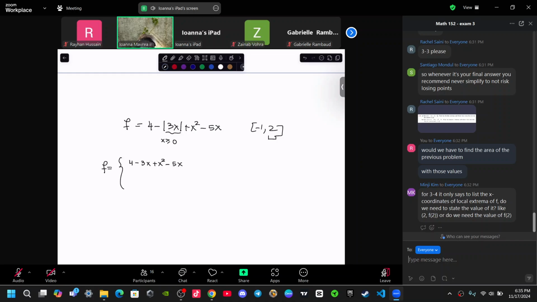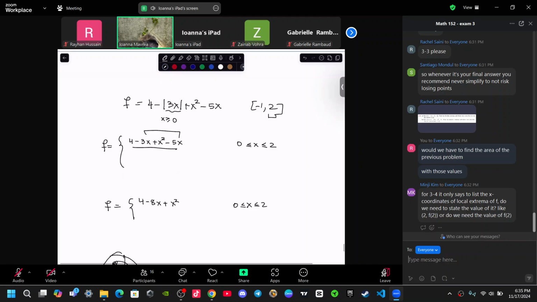It can go only up to 2. So from 0 to 2, you can write it this way. This is what f is. And that happens to be, you can simplify it afterwards to -8, right? So from 0 to 2.